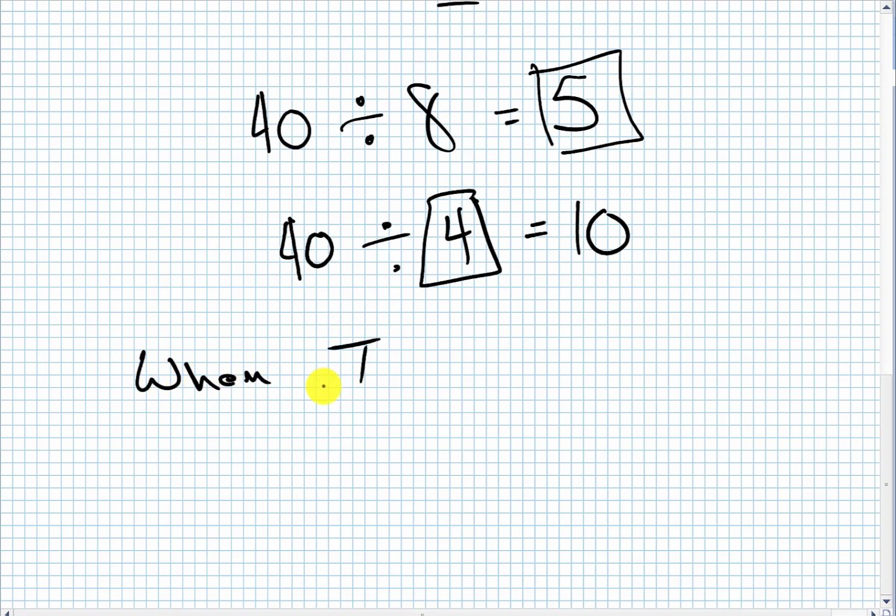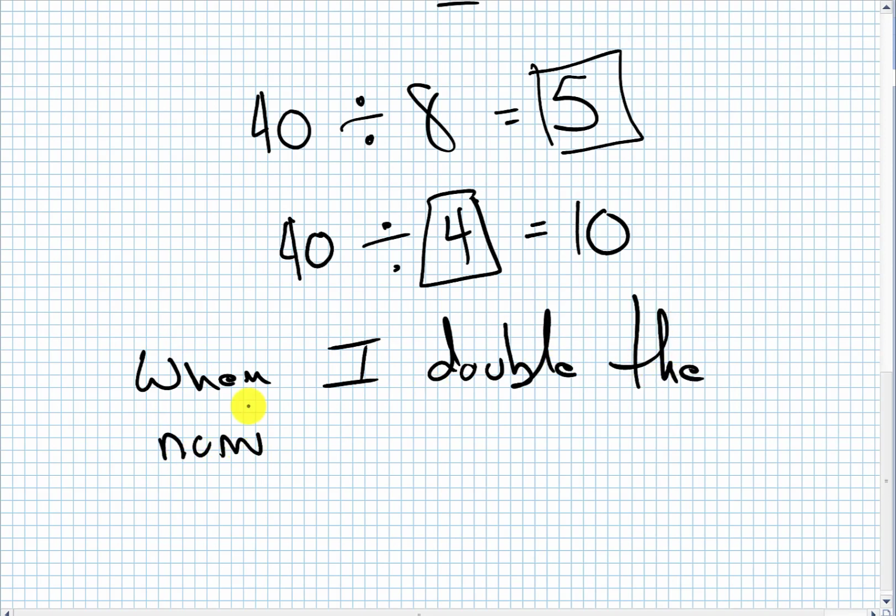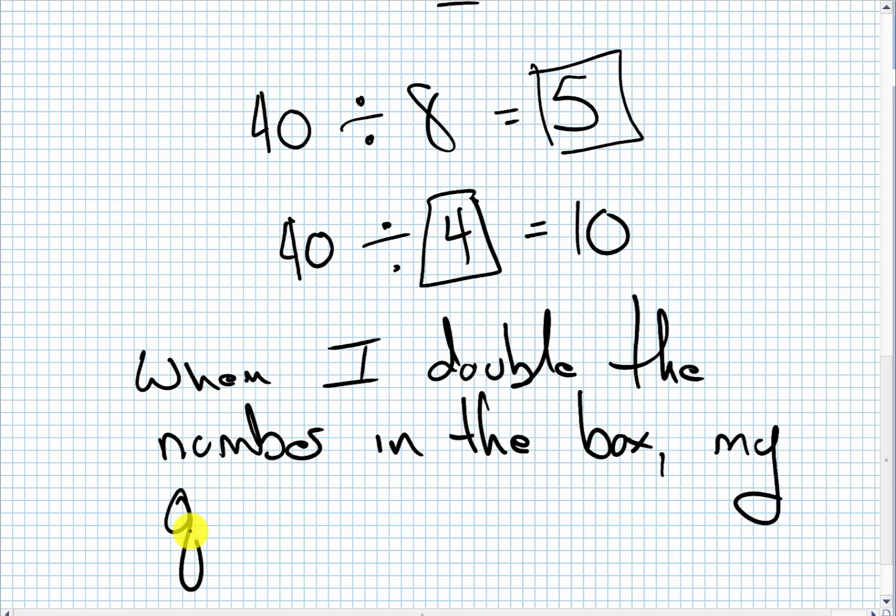When I double the number in the box, my quotient is cut in half.